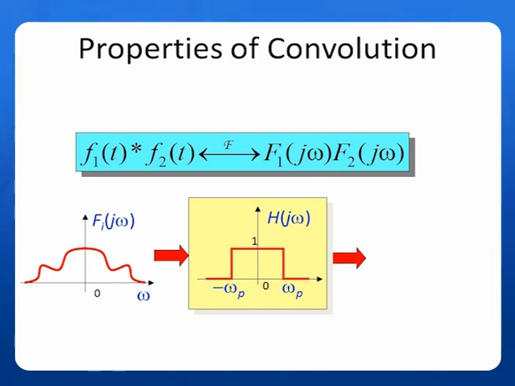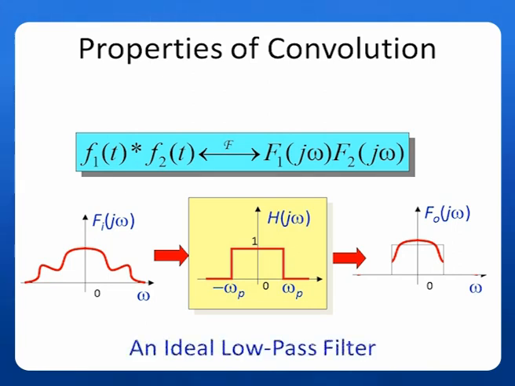So, the frequency of existence of the system response is from minus omega p to plus omega p. When this function is passed through it, what will happen? I will get an output which exists only for that duration for which the system response is there. So, this is called an ideal low pass filter.